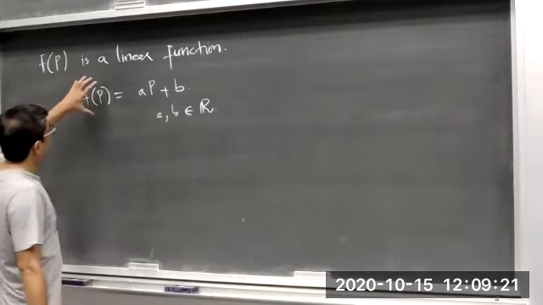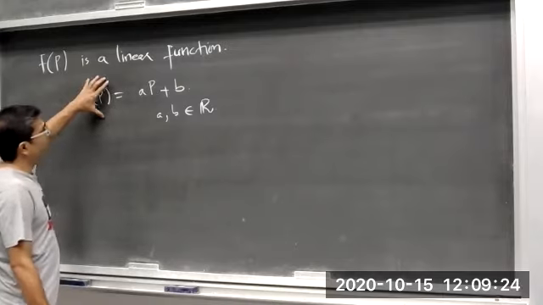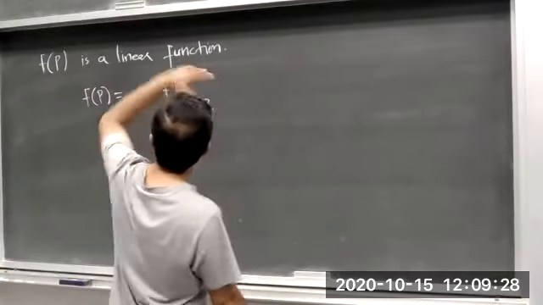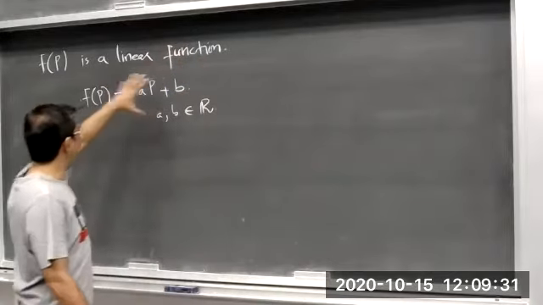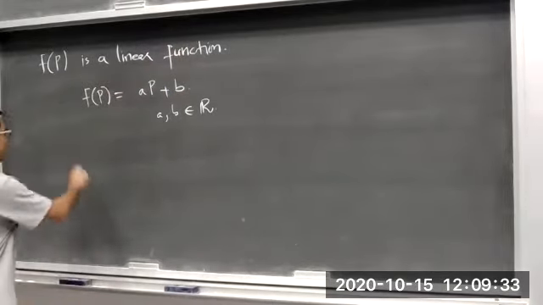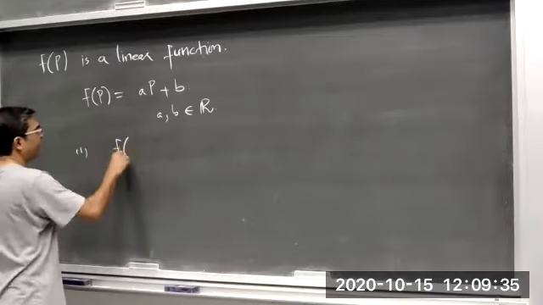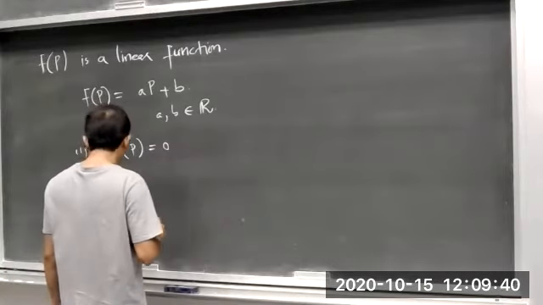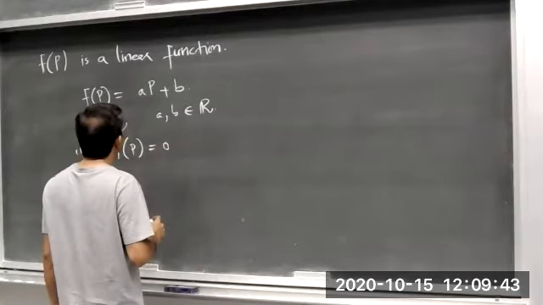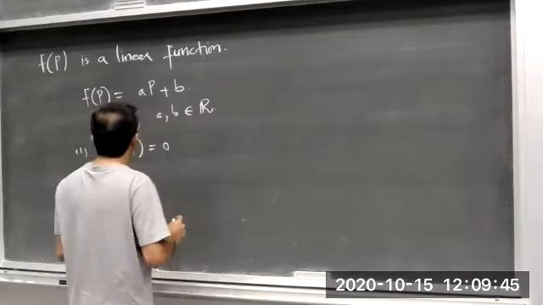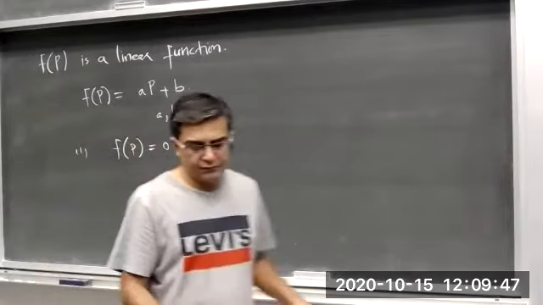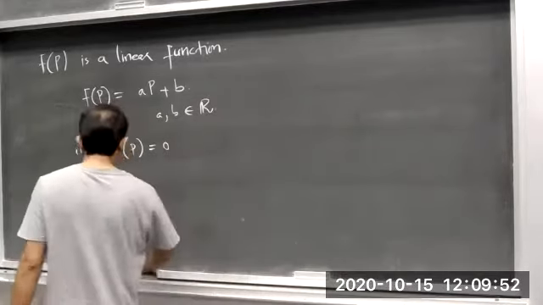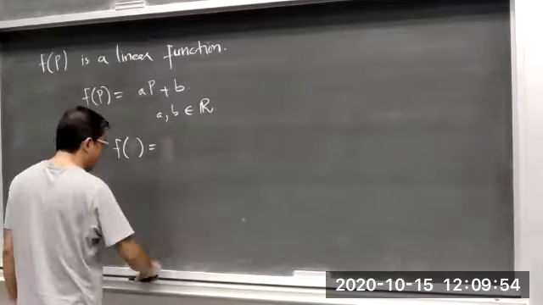Now this function must also satisfy a condition: we must obtain the previous model if we assume that this function is this. So we put two conditions here. First, f of 0 is k.